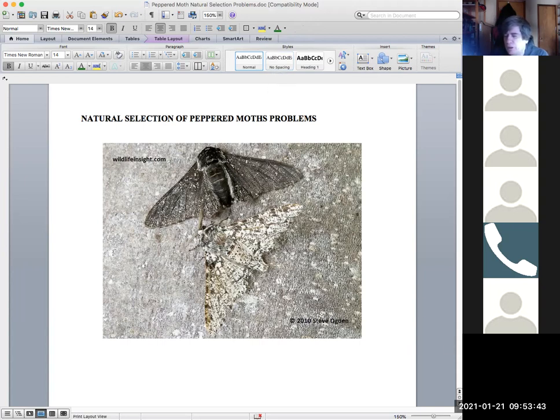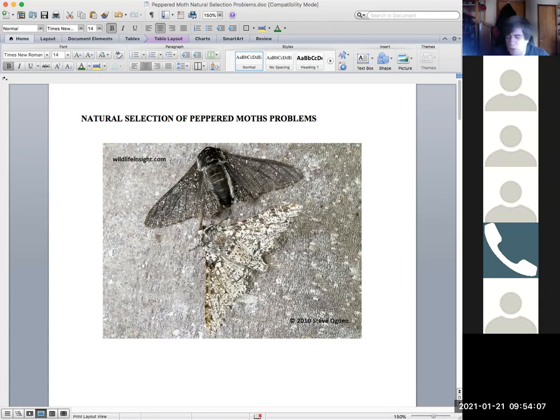So we're going to look at some problems with natural selection. Now, people who have studied peppered moths divide them into different color categories. I've looked at a couple of real colored peppered moths, and you must have to study them a lot more than I have. I've just glanced at a few, but they classify them into 9 different colors.